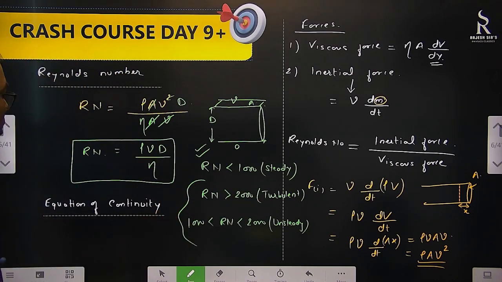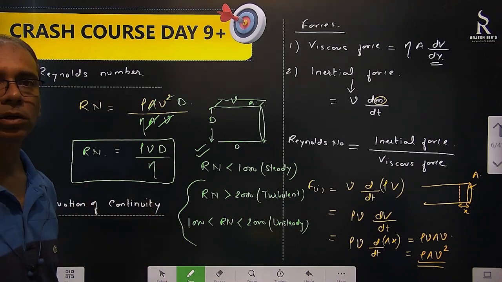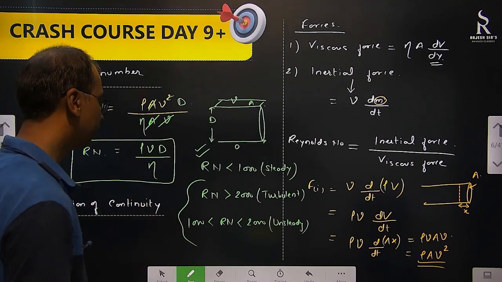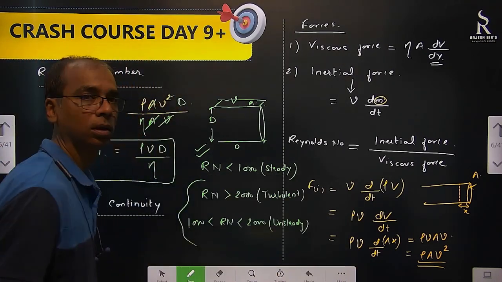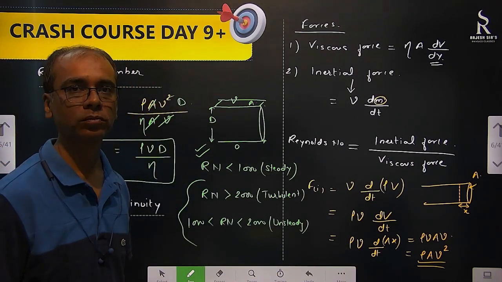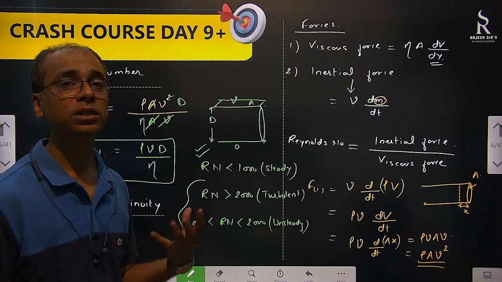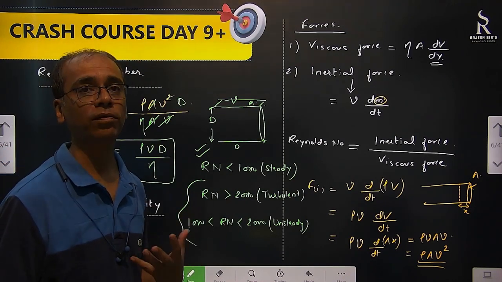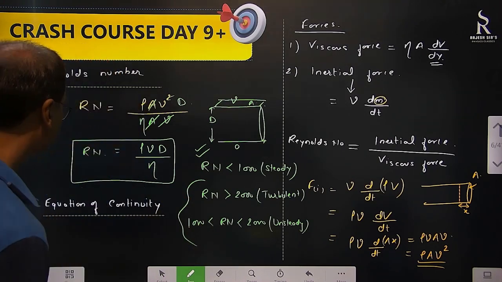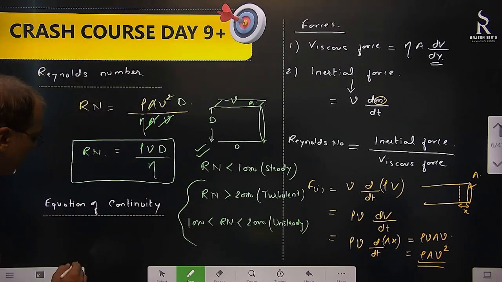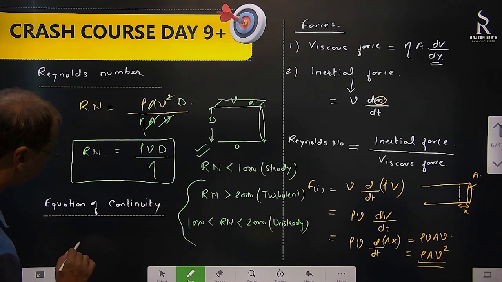Fine. Now we are going to talk about equation of continuity. Equation of continuity is based on conservation of mass. It is talking about the flow of liquid through a pipe. Take a pipe, let's say, of variable cross sections.